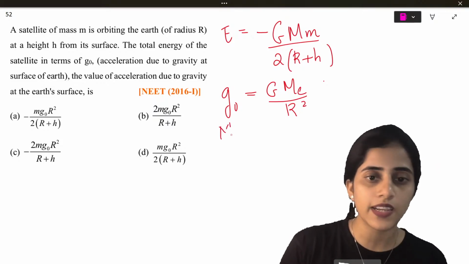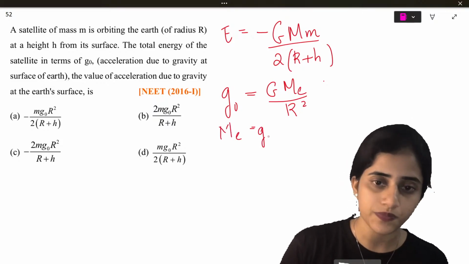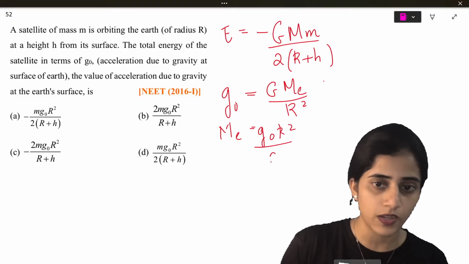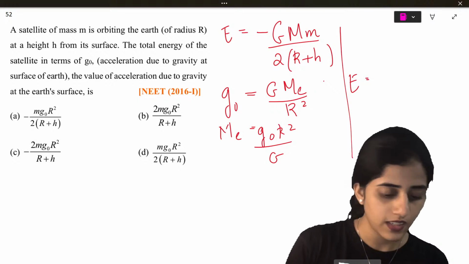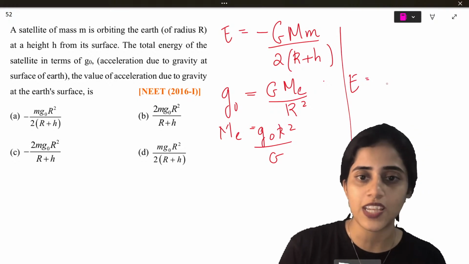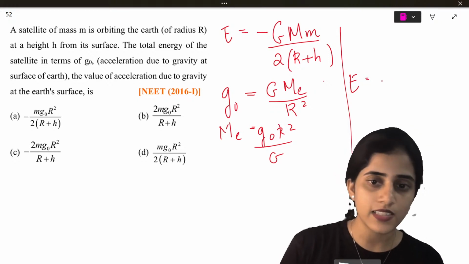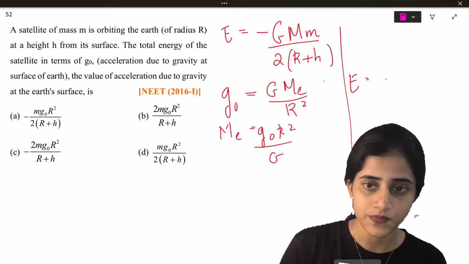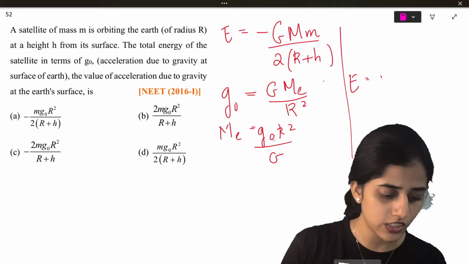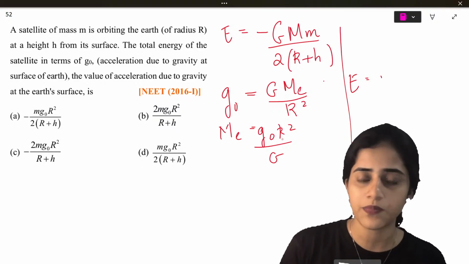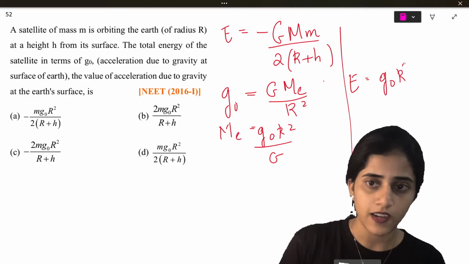So from this, I will get M_E is equal to g naught R square by G. Substituting that in energy, instead of GM, I will write g naught R square.